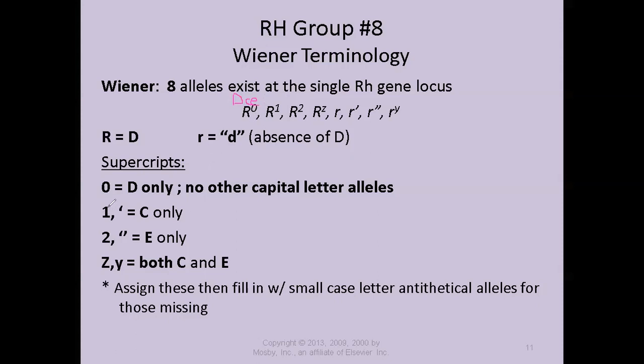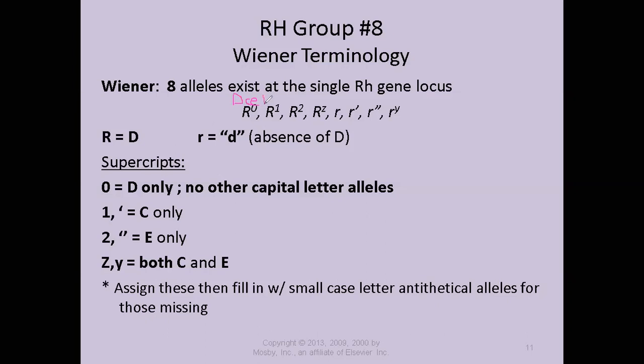When you see a 1 or a prime, you're going to notice that the 1 is used with the big R's and the prime is used with the little r's. This is telling us that big C only is present. So let's look at this one. Remember, the big R tells us they have big D. The 1 tells us that they also have big C, and I remember it because C comes before E in the alphabet.